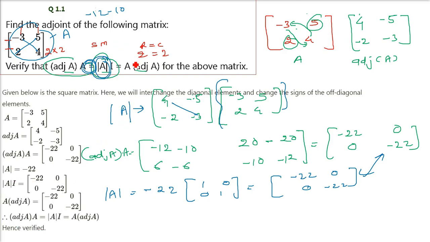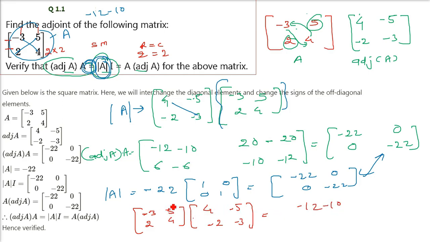And the second one is just, you need to interchange adjoint A and A. First write A: -3, 5, 2 and 4, and multiply it with adjoint A, which was 4, -5, -2, -3. When you multiply, -3 into 4 is -12, 5 into -2 is -10.